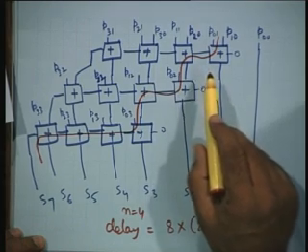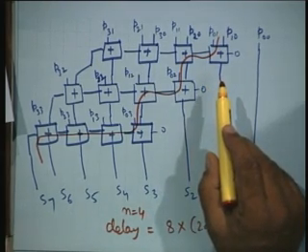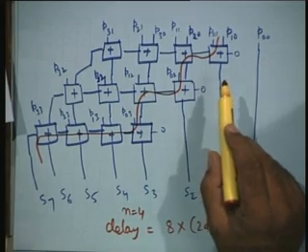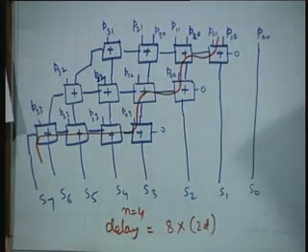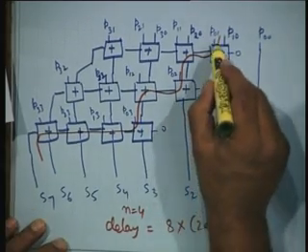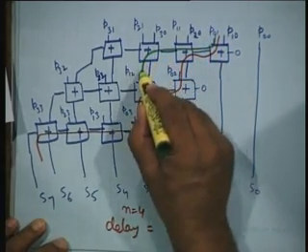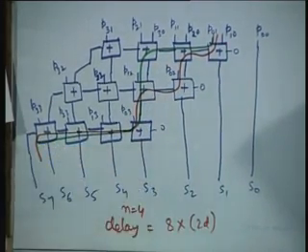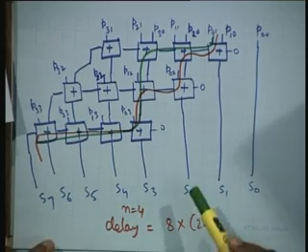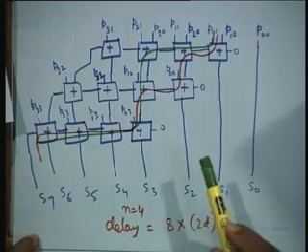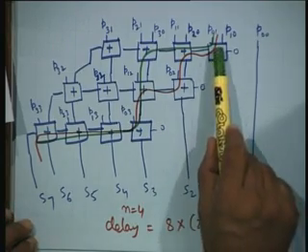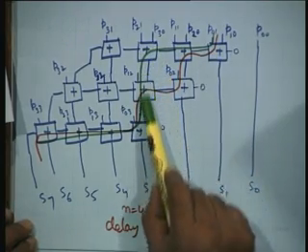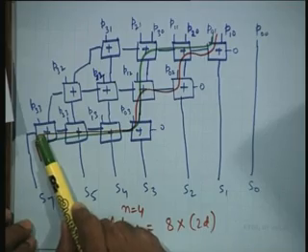1, 2, let us see. Okay, actually it will be easiest if you look at this path, which is of same length, but easier to quantify. So, you have some horizontal propagation, some vertical propagation, some horizontal propagation.